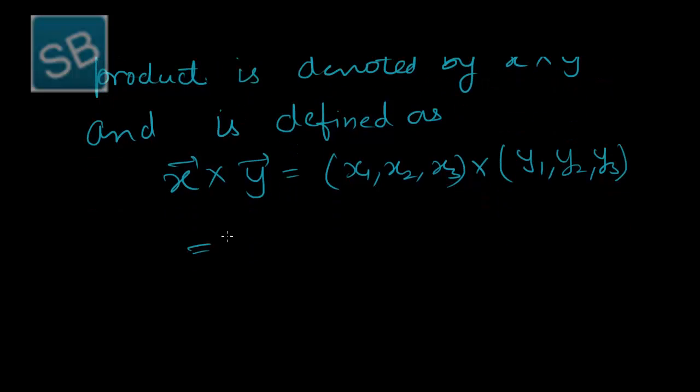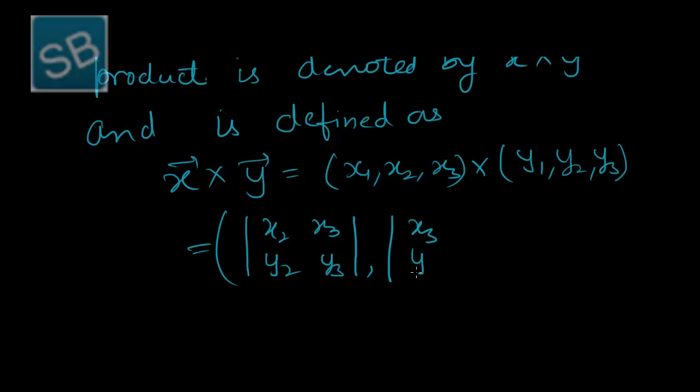That is, we can find it out as, we will write here the determinant of x2, x3, y2, y3, comma, the determinant of x3, y3, x1, y1, and the determinant of x1, y1, x2, y2. That is in cyclic order.